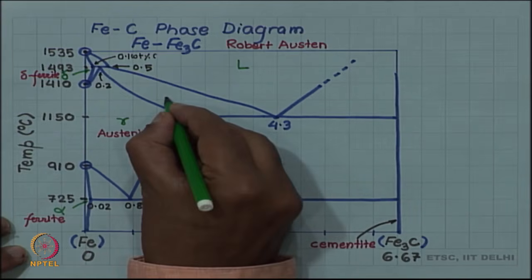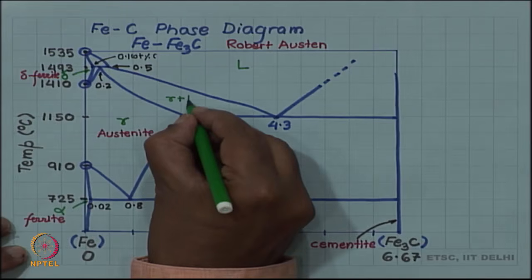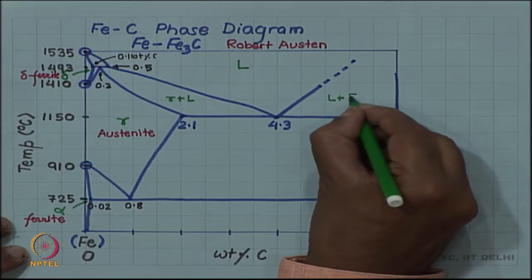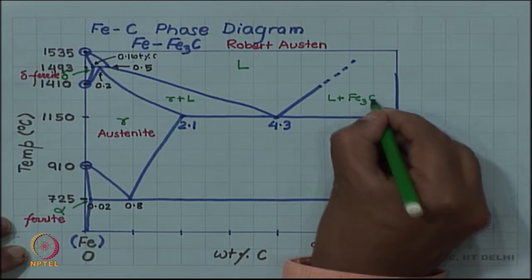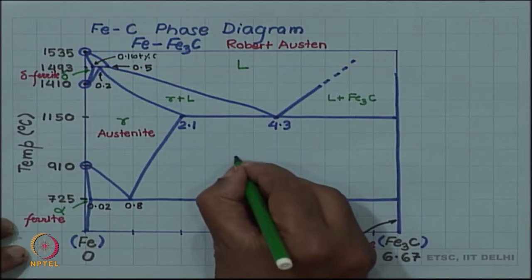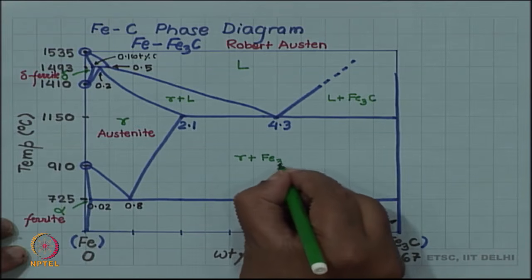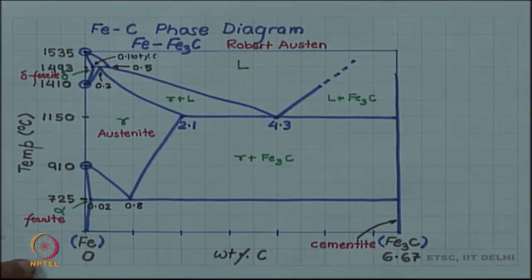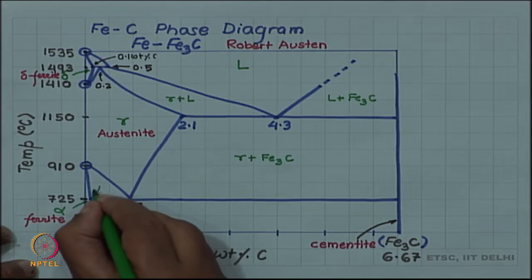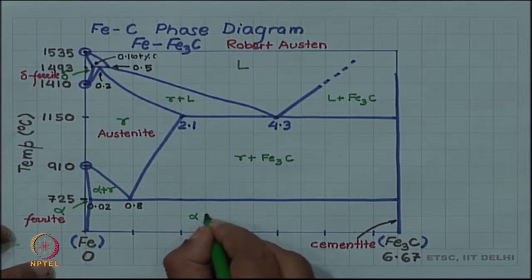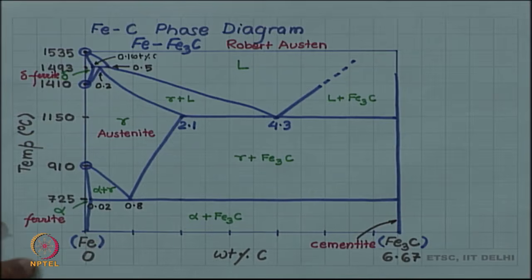So, this region will, for example, be gamma plus liquid, liquid plus Fe3C, gamma plus Fe3C, alpha plus gamma, and alpha plus Fe3C.